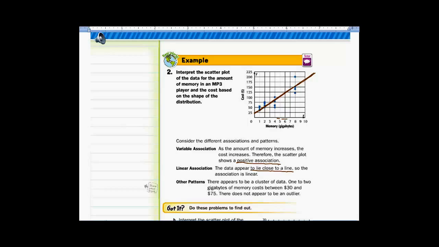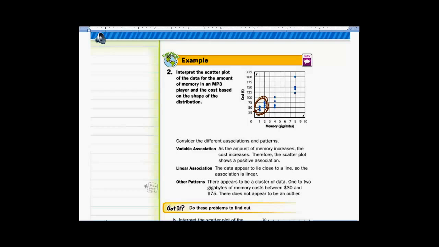Now, does it appear to have any clusters or outliers? You can see that up here it's a little bit more spread out, but there does appear to be a cluster of data right there, where most of my points are down there. All right? So as far as outliers, remember it has to be way far out there.